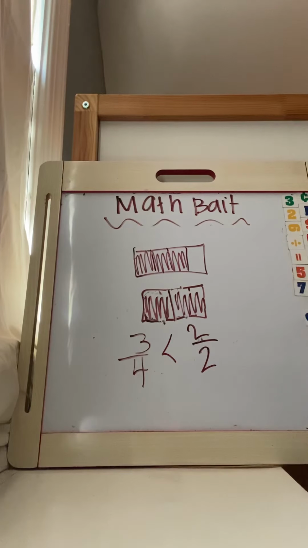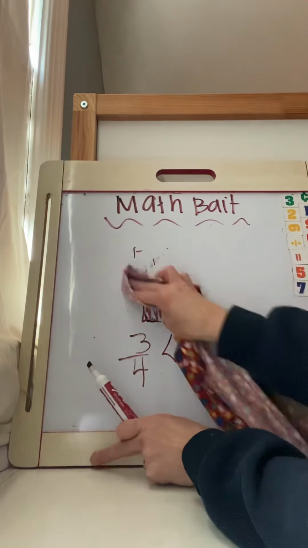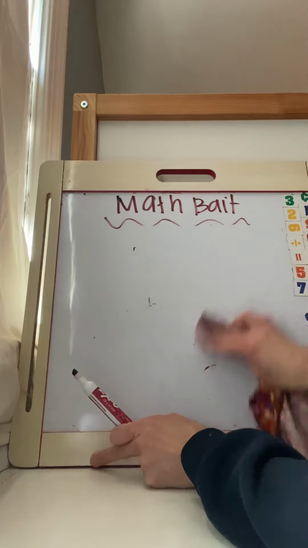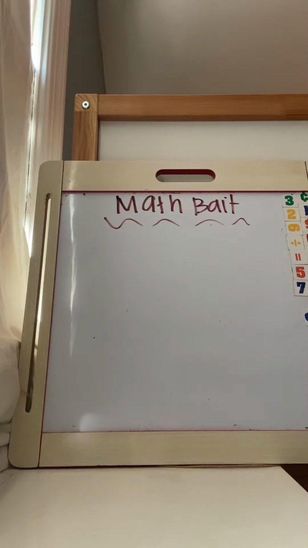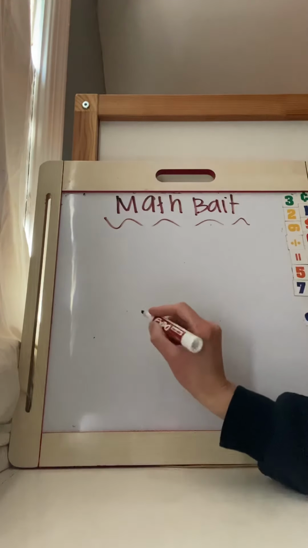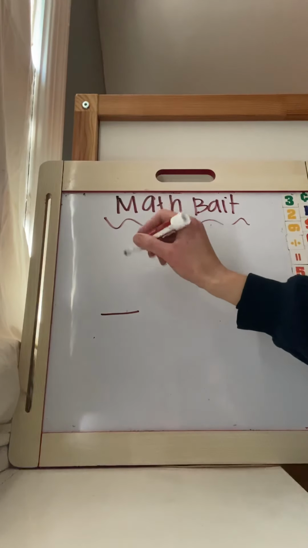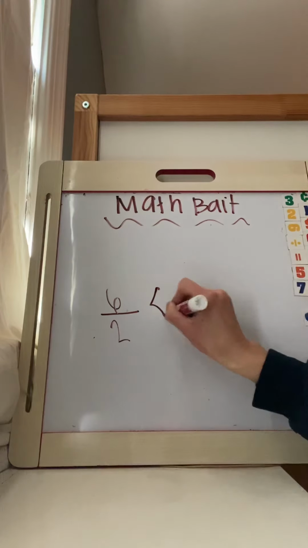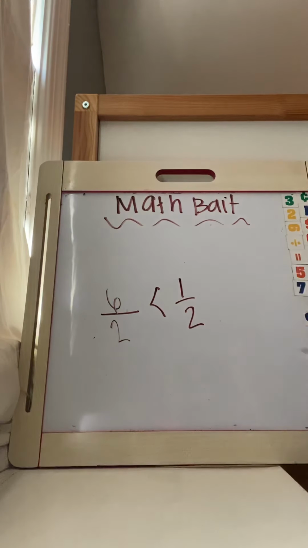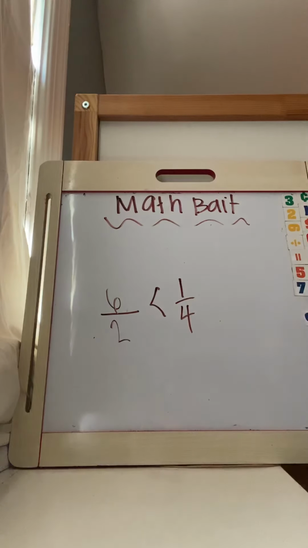And I did want to go over one more thing with you guys, and then we'll stop the math bait video. Remember, when your numerator is bigger than your denominator, because somebody put, I don't know if this was the exact number, but let's just do, they said 6 out of 2 is less than 1/2. Or I think they might have said 1/4 here. Okay, so let's talk about that for a second.